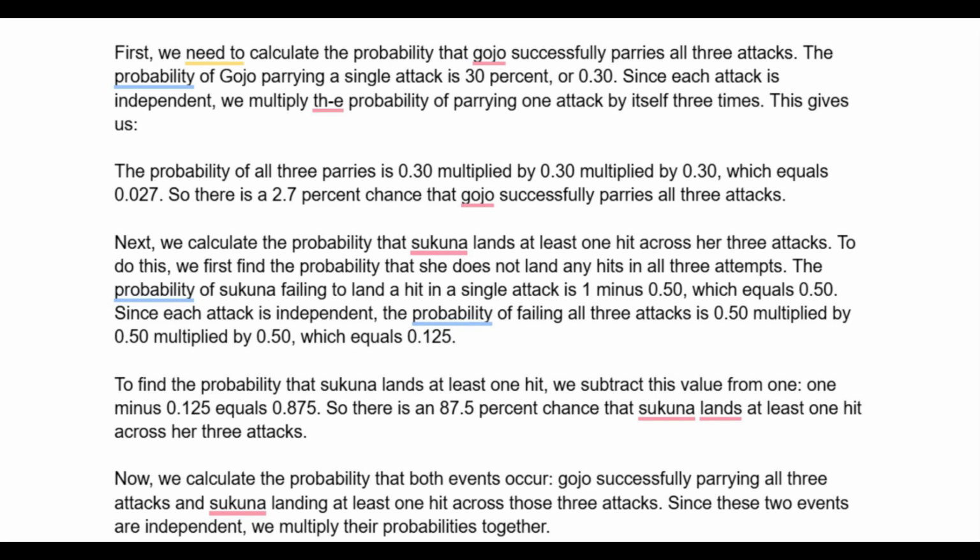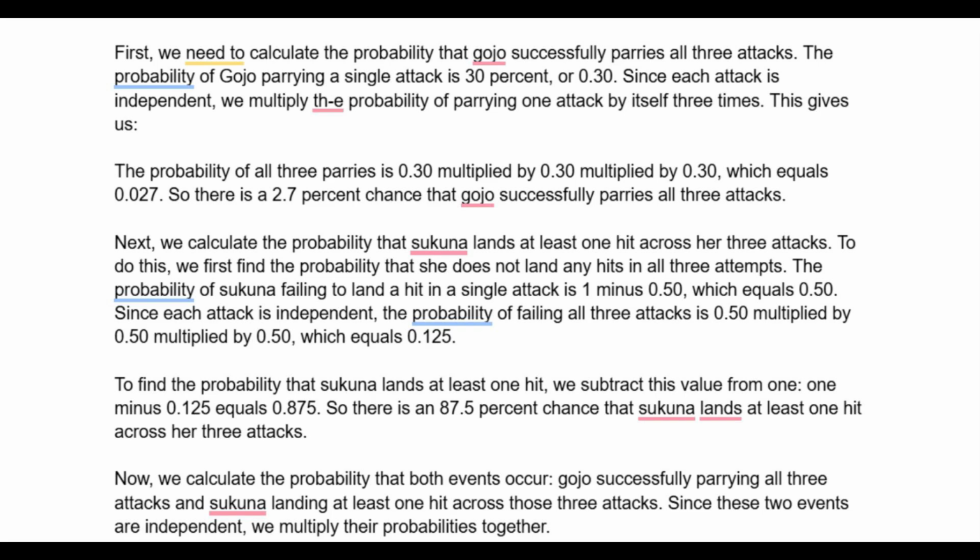Since each attack is independent, we multiply the probability of parrying one attack by itself 3 times. This gives us the probability of all 3 parries is 0.30 multiplied by 0.30 multiplied by 0.30, which is equal to 0.027. So, there is a 2.7% chance that Gojo successfully parries all 3 attacks.